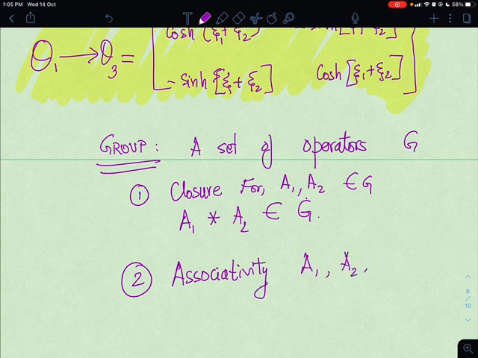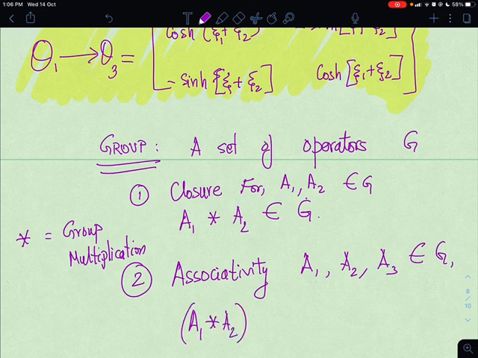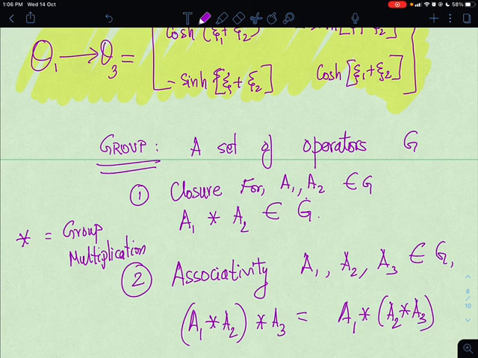If there are elements A1, A2, A3 belonging to G, then, sorry, I didn't mention, star is the group multiplication. In this particular case, this is just like a matrix multiplication. So associativity means A1 star A2 star A3 should be equivalent regardless of how you group them.